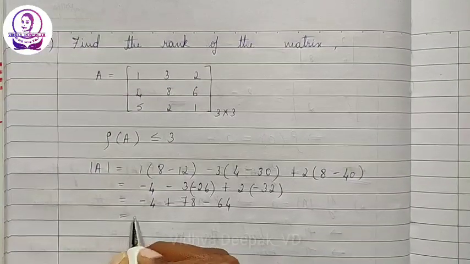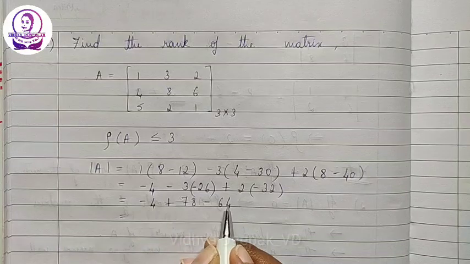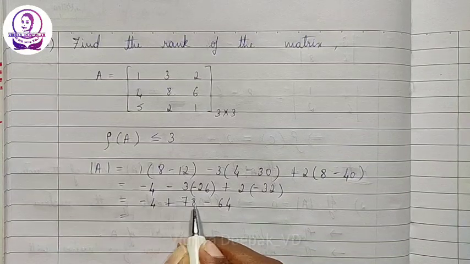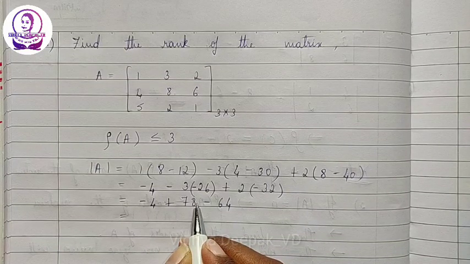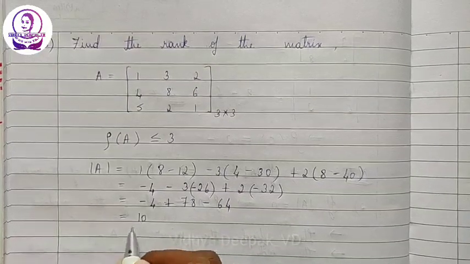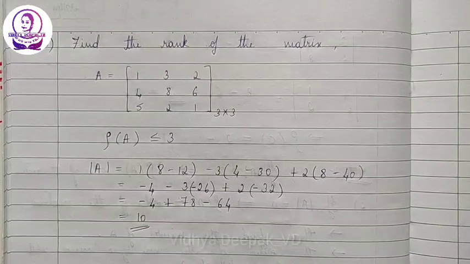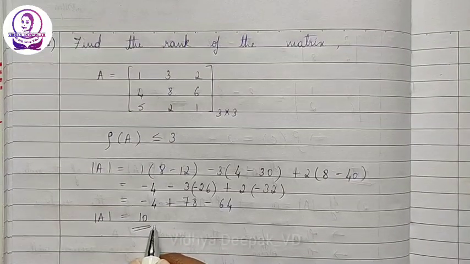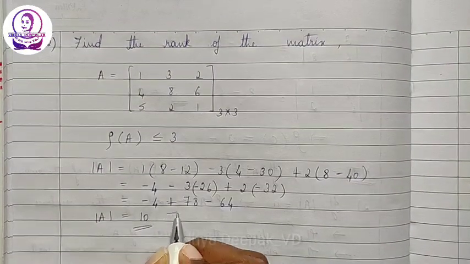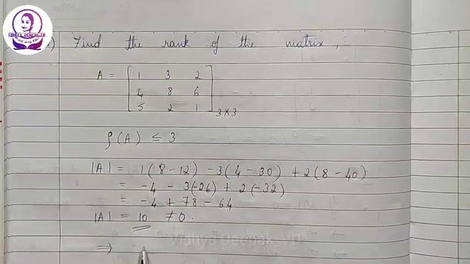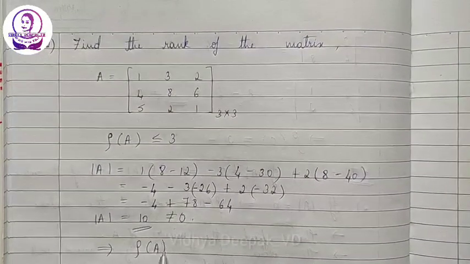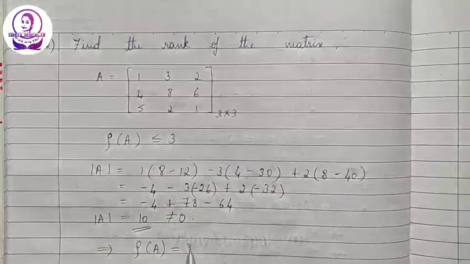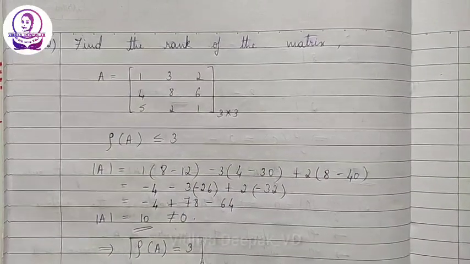So now we have minus 4 minus 64 gives you minus 68 plus 72 gives you plus 10. So now we know that determinant of A is not equal to 0, right? So our conclusion is rank of the given matrix is equal to order of the matrix, that's nothing but 3.